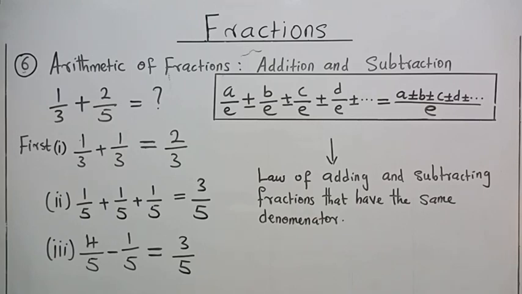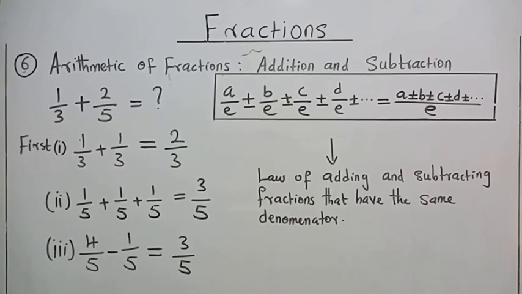The same observation was made from each of the three number operations. That is why the same conclusion was reached for all the three. So anytime you see any two or more fractions to be added or subtracted and they possess the same denominator, the answer can be gotten in this straightforward way as you are seeing it on the screen.